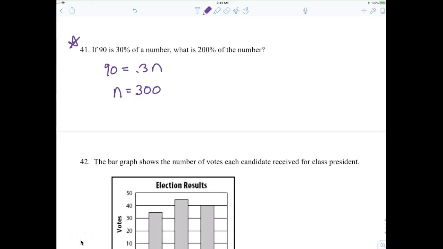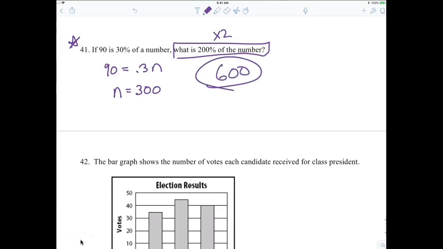What is 90 divided by 0.3? 300, right? Everybody good with that? But that's not the answer. Because we want what? Now, 200%, I try to tell you, what does 200% mean? Times 2. Thank you very much. So we want times 2. So my answer is actually 600, guys. The answer is 600.